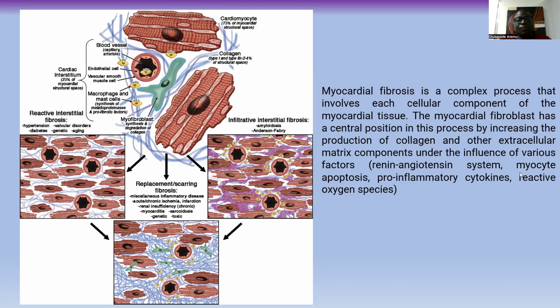The myocardial fibroblast has a central position in this process by increasing the production of collagen and other extracellular matrix components under the influence of various factors which are listed, such as the renin-angiotensin system, myocyte apoptosis, which is programmed cell death, pro-inflammatory cytokines, and reactive oxygen species.